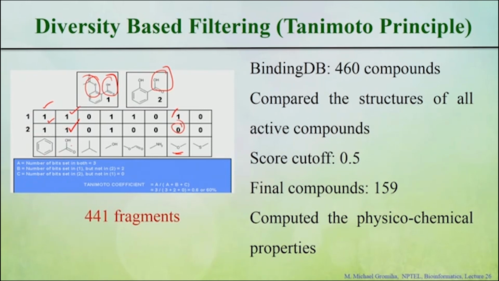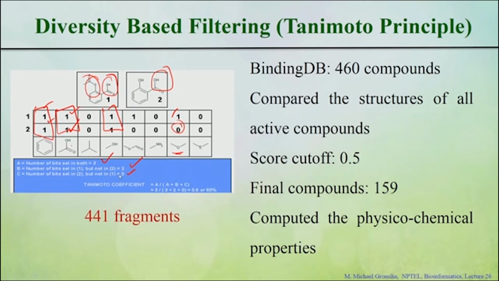Now, you can see comparing these 1 and 2, A is the number of bits set in both, how many cases you can see are available in both: 1, 2, 3, right, 3. So, B is the number of bits set in 1, but not in 2. How many cases are present only in 1 and not in 2? 2. C is how many bits set only in 2 but not in 1? 0, right.